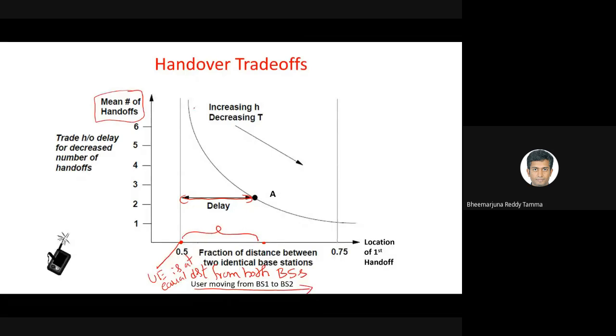It is reducing the average number of handovers. Also, you can see the effect of hysteresis and also the thresholds. As you increase the hysteresis and decrease the thresholds, you can see that the average number of handovers can be reduced.